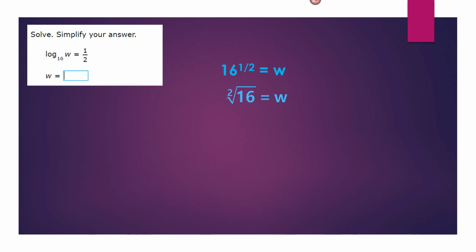So that is 16 to the 1/2 equals w. If we're raising 16 to the 1/2, that's the same thing as taking the square root of 16. And so we get w is equal to 4. And there's the original problem.